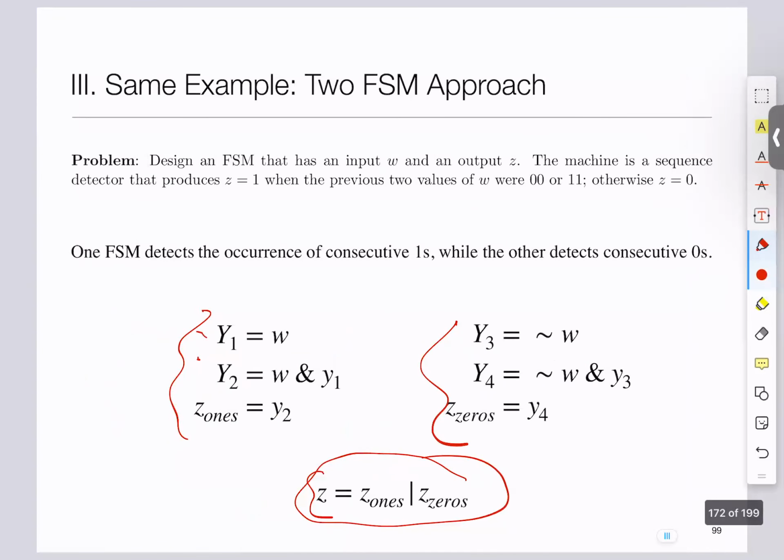So that brings me to another approach to pattern detection type problems, and it works like the following. Let me see if I can add a slide.